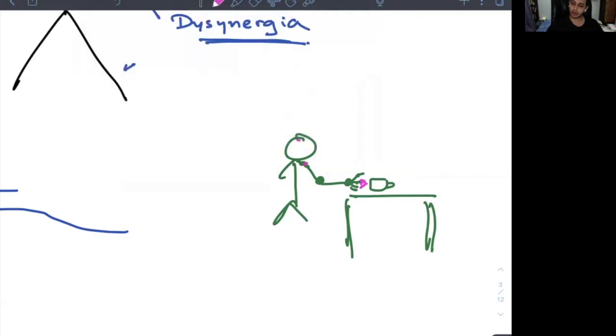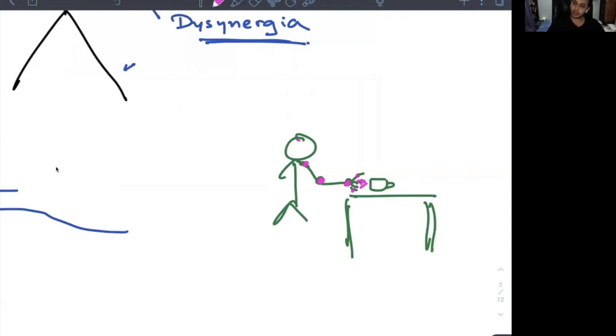You have all these multiple joints that have to function in a flow in order for you to stretch your arm and grasp the cup and then lift it up. All those joints have to function one after the other and smoothly for that whole movement to happen gracefully.